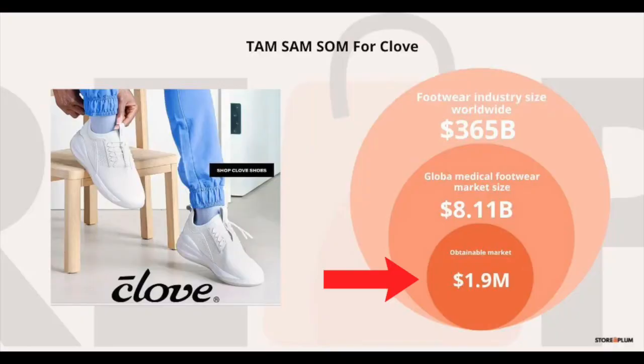Anytime you get close to 10% or exceed 10%, investors are going to start asking questions, and they're definitely going to question your math. In this particular case, they've determined that their particular SOM is 1.8 million. So what they think they can acquire in the market is roughly 1.8 million. Now, for your startup, when you do this exercise and determine your SOM, it's going to give you a good number to back into for both your business plan and your financial projections.